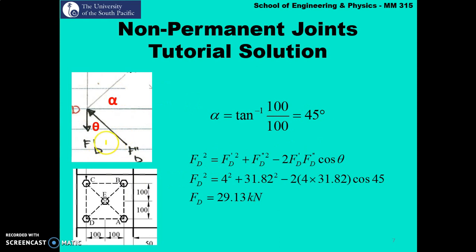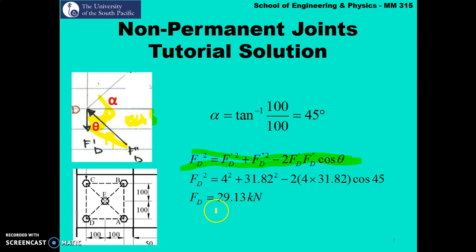So the resultant force on bolt D, F_D squared, is equal to this particular formula. In this case, theta is over here and your resultant is in this direction, and theta is basically 45 degrees, because this is 90 degrees over here, so this value is going to be 45, and this again forms 45 degrees over here, so this theta is 45 degrees.